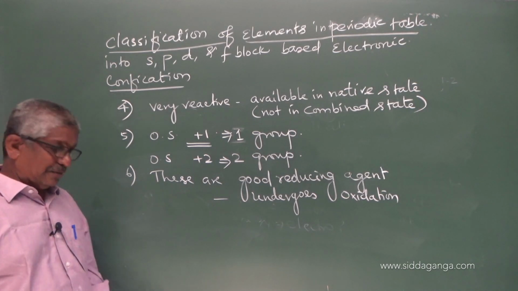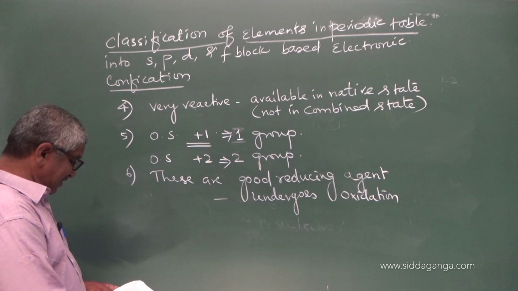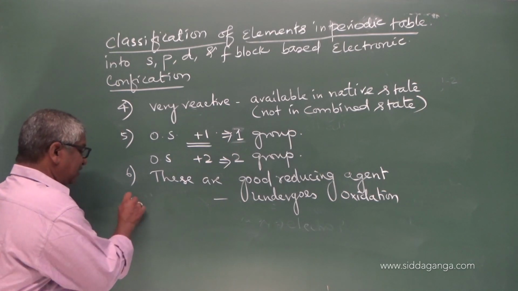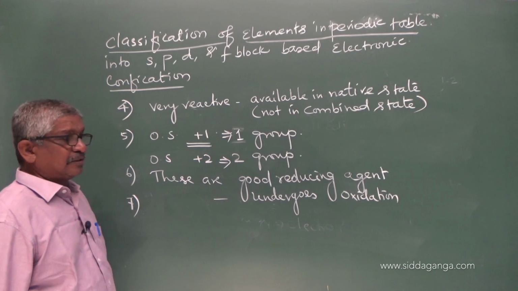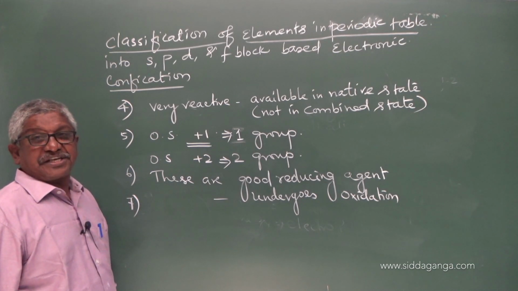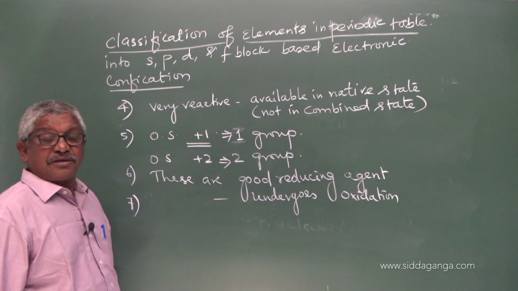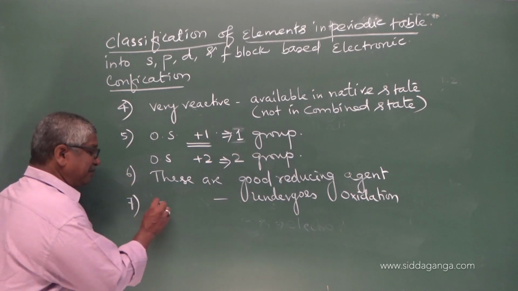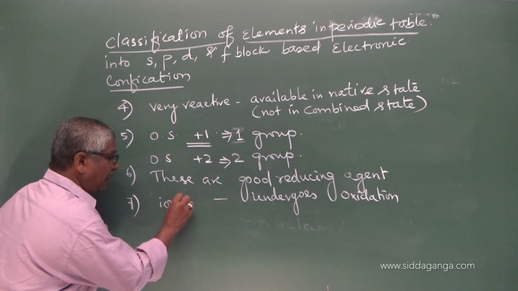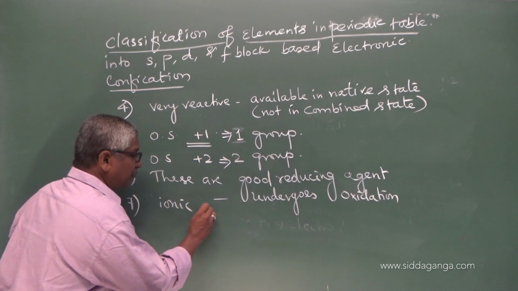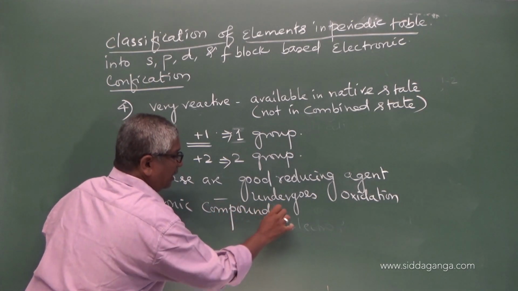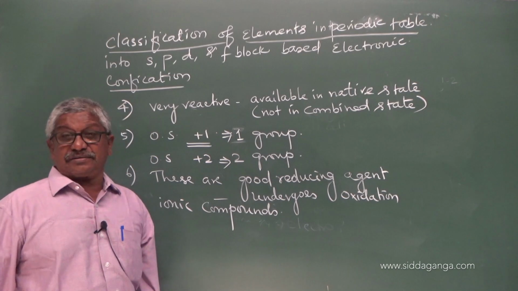So the S block elements have the property of oxidation, and the S block elements produce ionic compounds. Ionic compounds are electrovalent compounds.